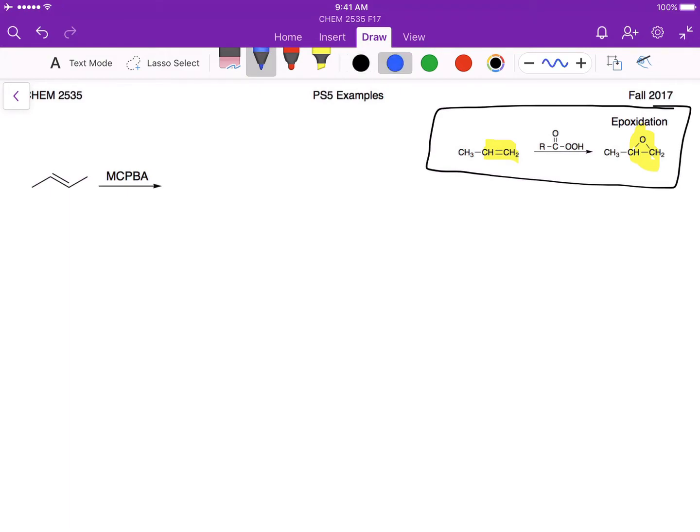So if we look at the first structure here, our reactant, it's trans, right? So we have to keep that in mind. So we can draw our structure, and then put our ring in it, like that.